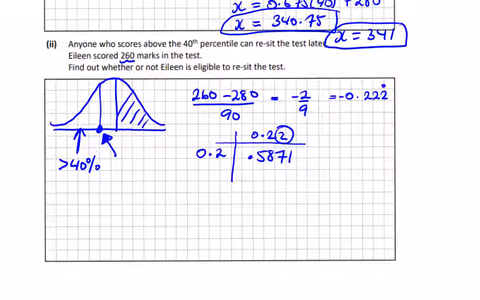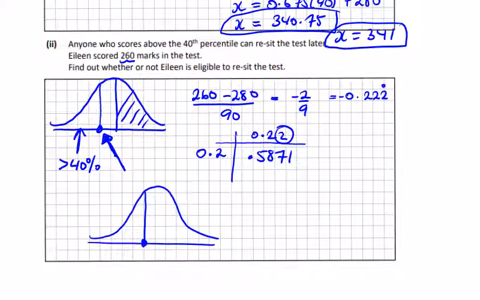So we're saying that this score here of 260 means that there is, in this sector, 1 minus 0.5871, which is equal to 0.4129.